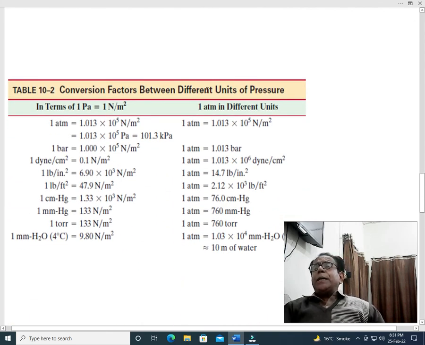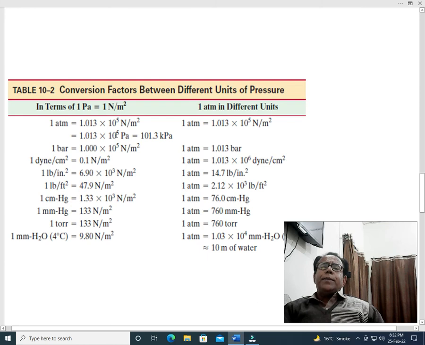Conversion factors between different units of pressure. Okay, 1 ATM is equal to 1.013 into 10 raised to the power 5 Newton per meter square. Alternatively it is equal to the same value, and in place of Newton per meter square we write Pascal, and then 101.3 kilopascal.